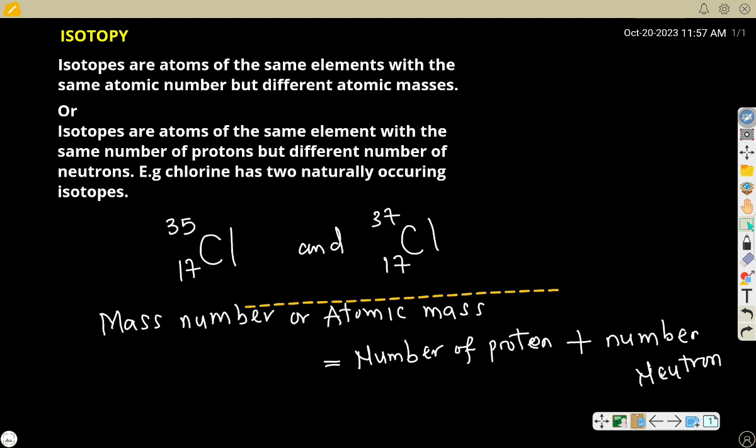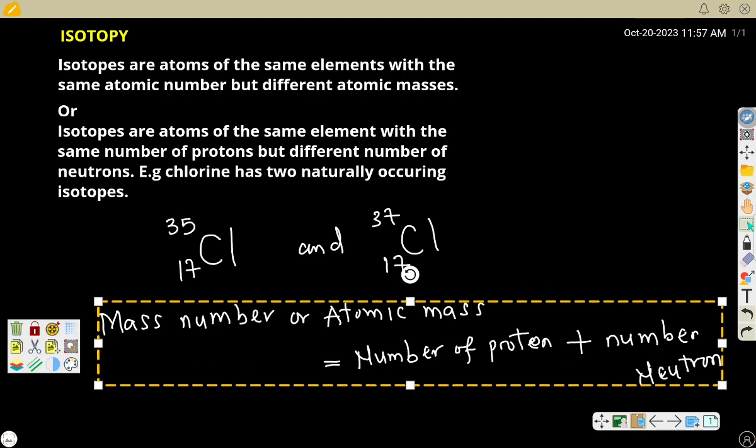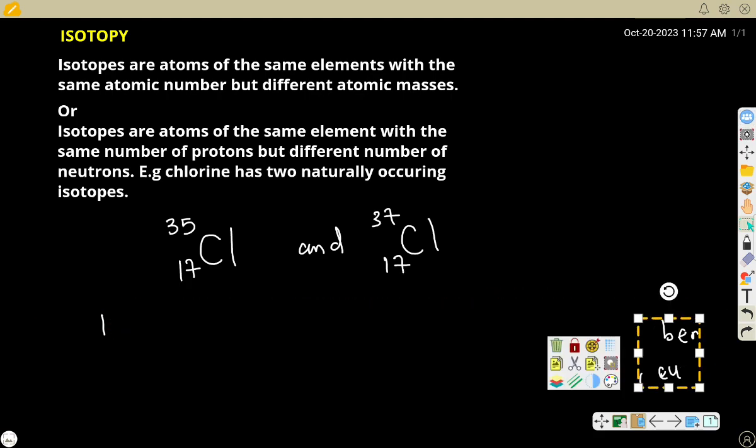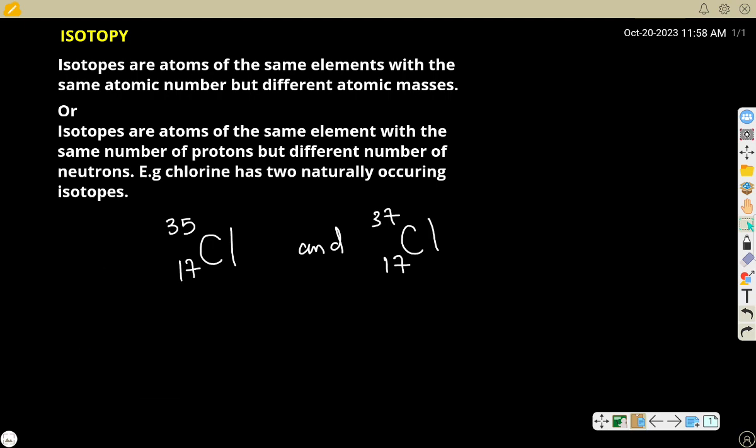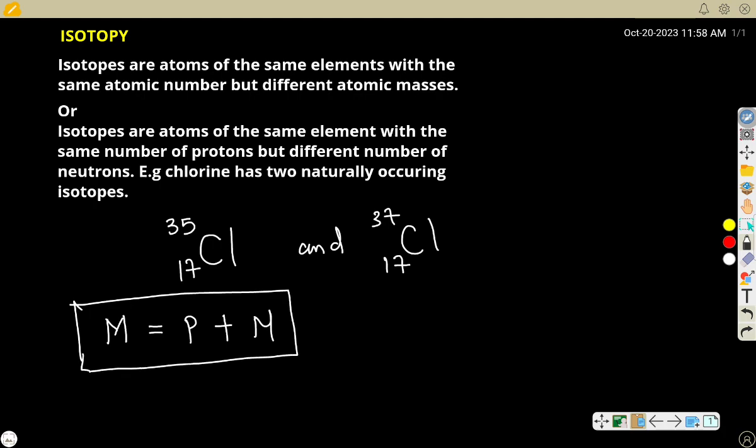If we write this in short, I can say mass number M, or atomic mass, is equal to number of proton, that is P, plus number of neutron, N. So we can now give this as general relation: atomic mass or mass number is the same thing as proton plus neutron.